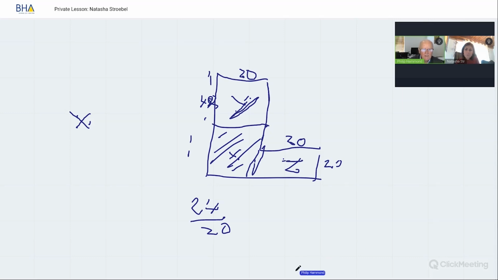So at the end of the day, if I want to know the number of luminaires, I only have to calculate that one, because if I take that one and I double it, I'll know what that total space is. You with me? Because those two are exactly the same size. I don't have to calculate that one separately. I know what it is.